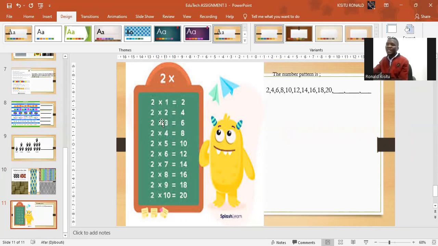So you just take the counting numbers 1, 2, 3, 4, 5, 6, 7. You go on multiplying by 2 to get the next number in the sequence. Now, what is my sequence? The sequence is going to be 2, 4, 6, 8, 10, 12, making a number pattern which is going to be plus 2 to get the next number in the sequence.